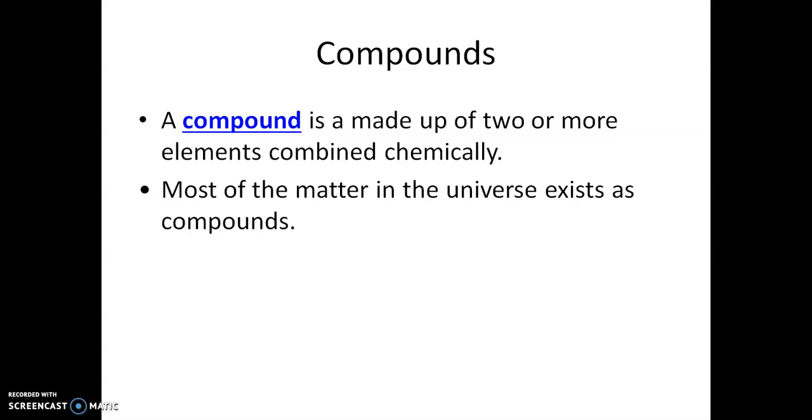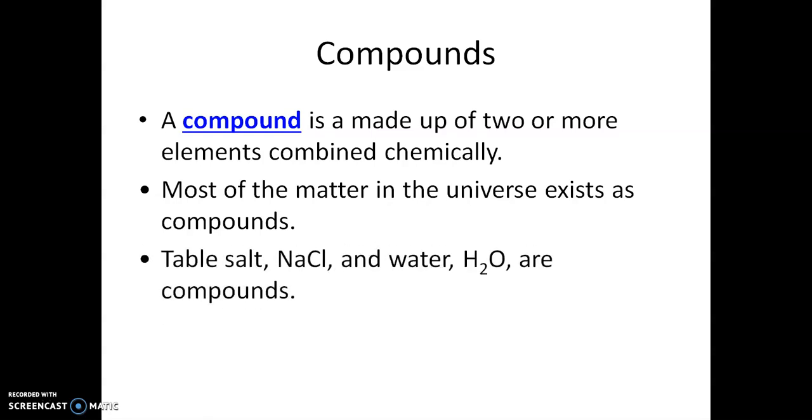And then people use chemical separation in order to separate those compounds so that they can get the elements that they want. Table salt is an example, NaCl, sodium chloride. Water is an example, H2O, and there are many, many compounds.